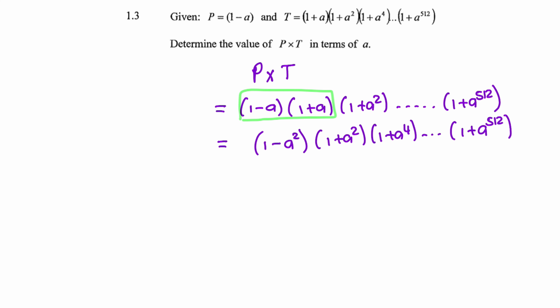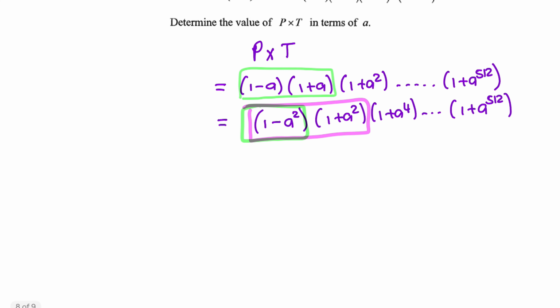And can you see that from our first result, we'll also create another difference of two squares. So let's do that quickly. We'll have (1 - a⁴) as the result of the first two brackets times (1 + a⁴), and that continues all the way to the last bracket.